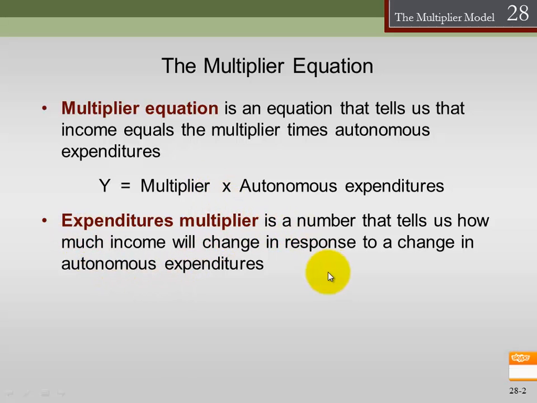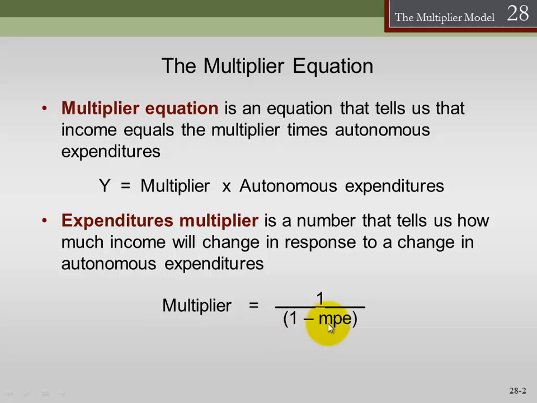The expenditure multiplier is a number that tells us how much income will change in response to a change in autonomous expenditure. Generally, the model is 1 over 1 minus the marginal propensity to expend. A numerical example might be, let's say the marginal propensity to expend is 0.8.